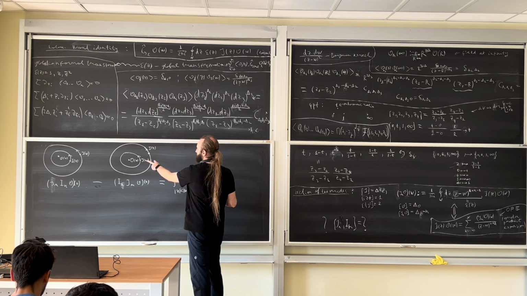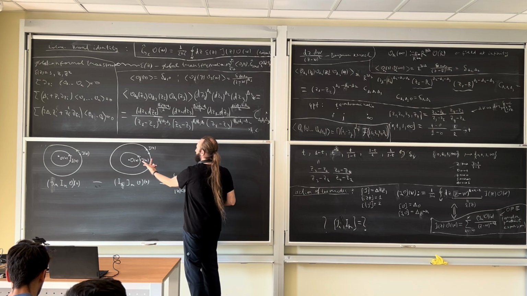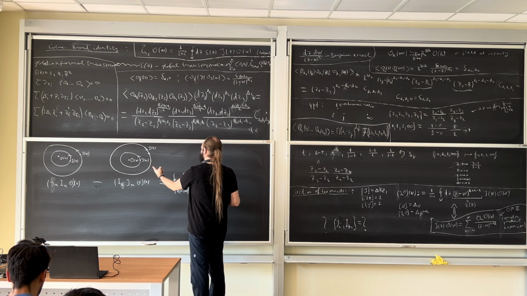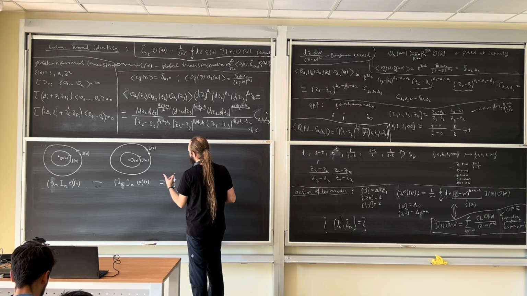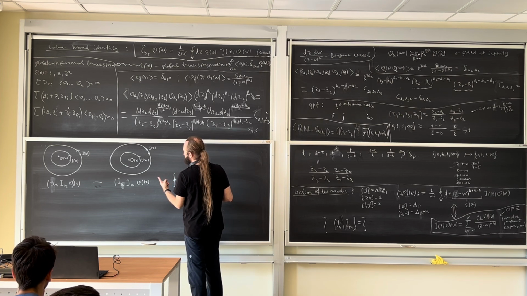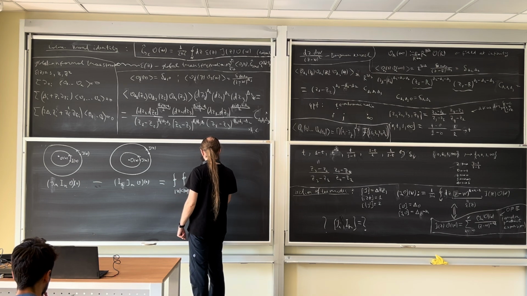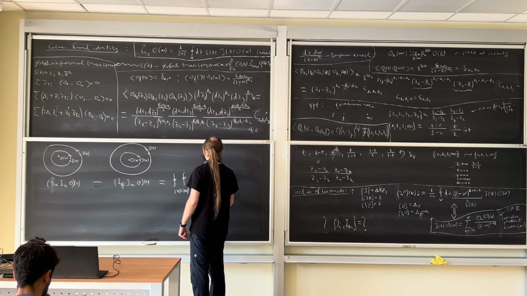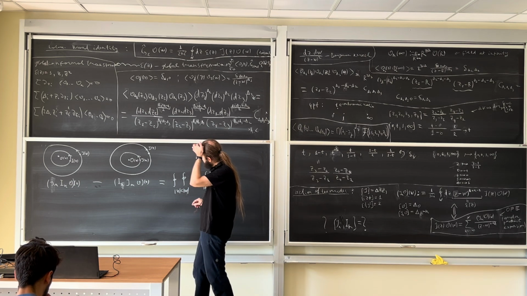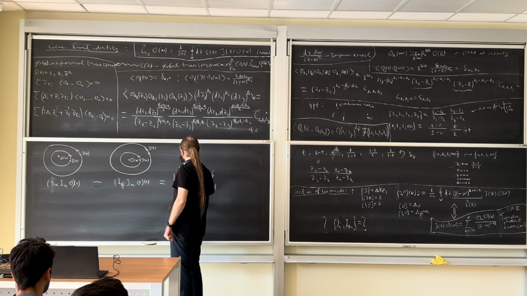And the second integral is around the contour where the absolute value of w is less than the absolute value of z, and the absolute value of z equals some constant.